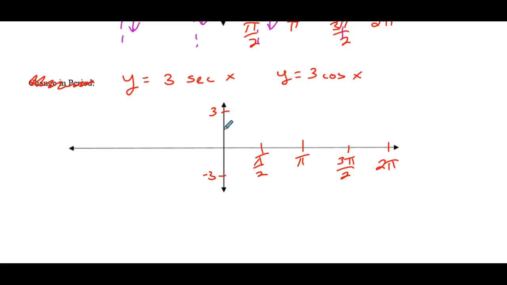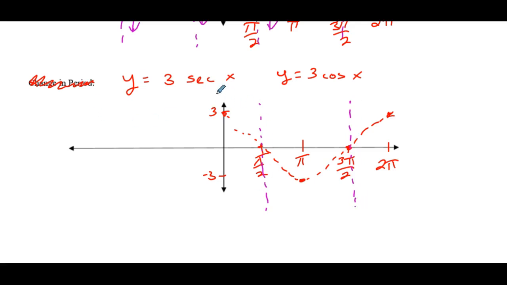And again, cosine would start up here, come down to 0, down to its lowest, back up to 0, back up to its highest. Alright, and secant is the reciprocal of that, so wherever it's 0 would be asymptotes.